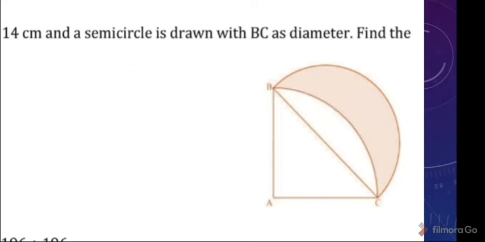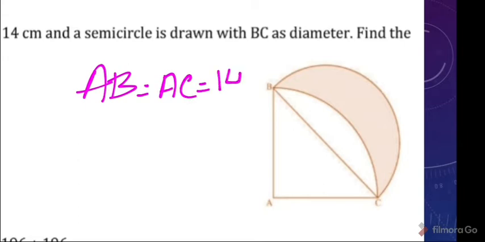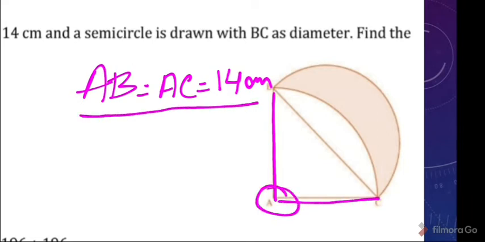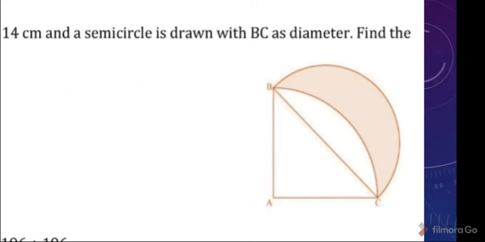That means AB is equal to AC is equal to 14 centimeter. This one is equal to this one because they are radii. AB is equal to AC is equal to 14 centimeter, given.